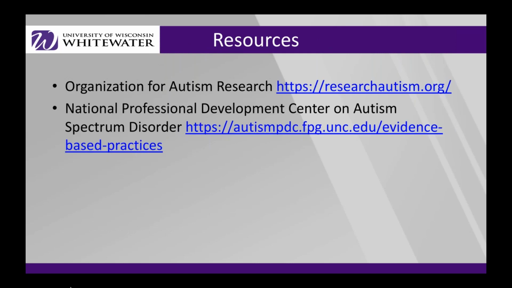So resources I want to make sure you know about and use are from the Organization for Autism Research, and I've got a link for you on the handout, and the National Professional Development Center on Autism Spectrum Disorders. There are about 41 different 2-hour modules available.